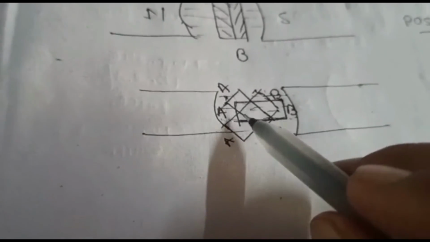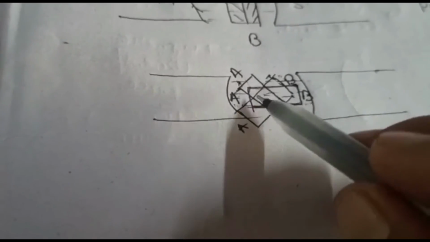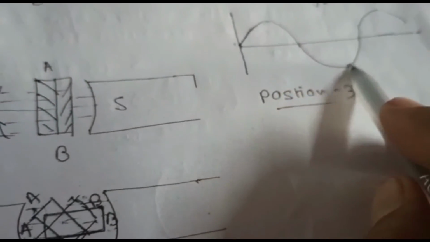After this point, the conductor is again rotated, here A and B, so the maximum is reached, the amount of flux linkage is increased, so the waveform also increases.